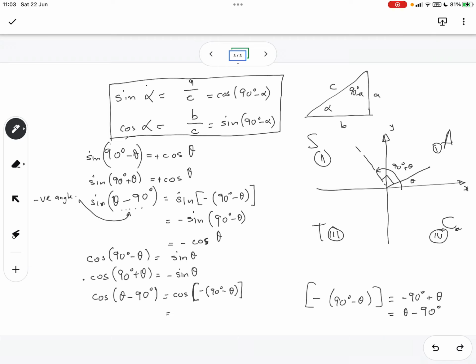This gives us plus cos of 90 degrees minus theta, because the cos of a negative angle is the cos of that angle. It's a positive answer, and this gives us plus sine theta, because the original trig ratio is positive in the respective quadrant.